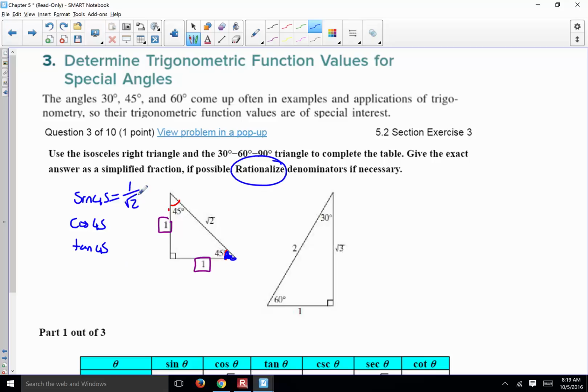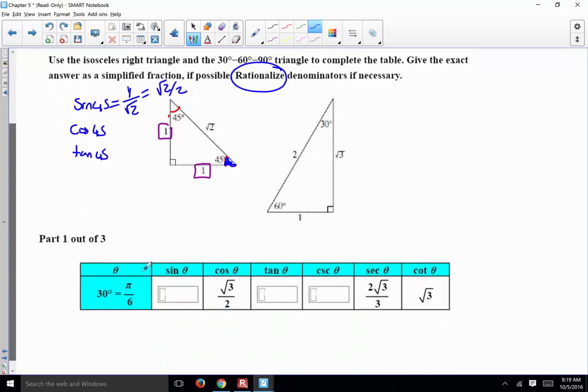How can you fix this? This is irrational. Root 2 is never ending. You need to get rid of the square root here. What is the rational form of it? Root 2 over 2. Yeah. Multiply both top and bottom by root 2. So you found sine 45. It's not been asked here though.